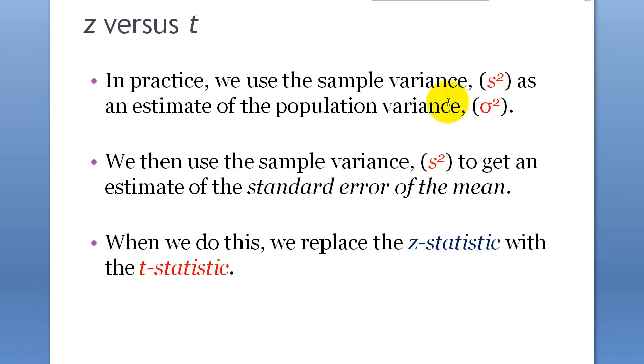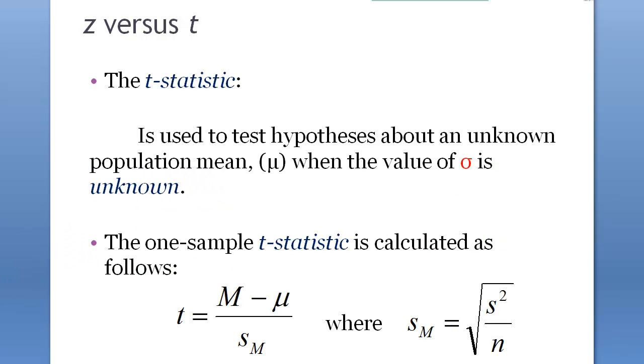So recap, we use the sample variance s squared as an estimate of the population variance. So that's why, okay, t-test basically, sigma sub m, that's for the population standard deviation. Because we don't know the standard deviation of the population, we use the sample to get an estimate of it. So that's what S signifies, sample standard deviation, and it's over the square root of n, right?